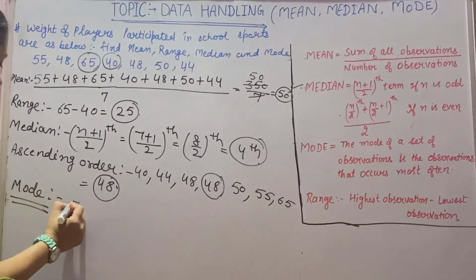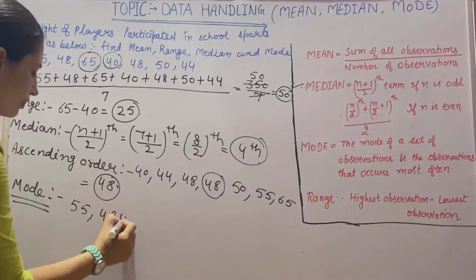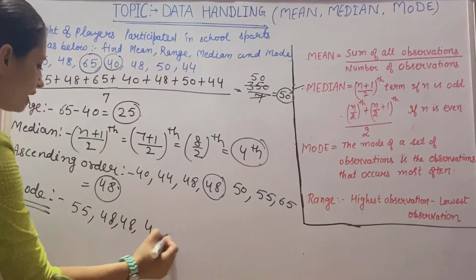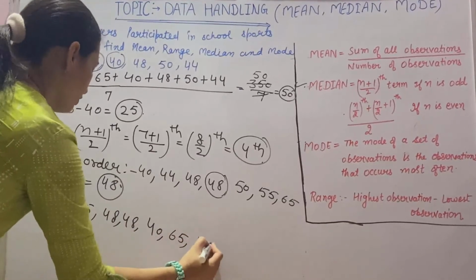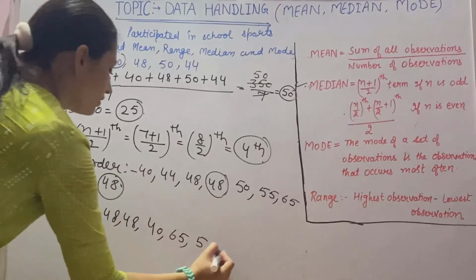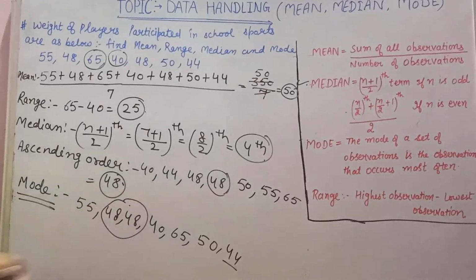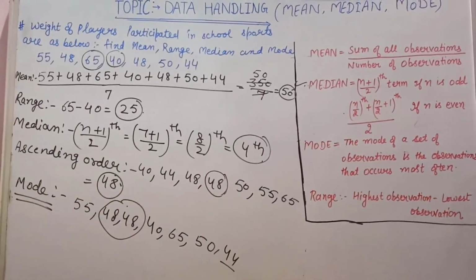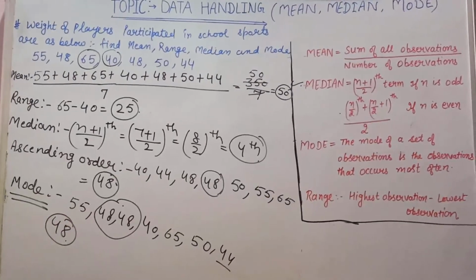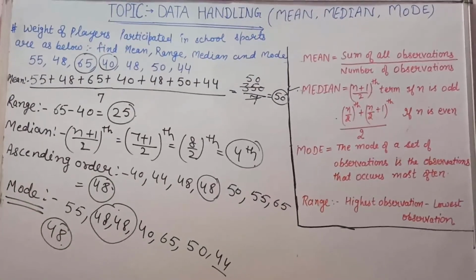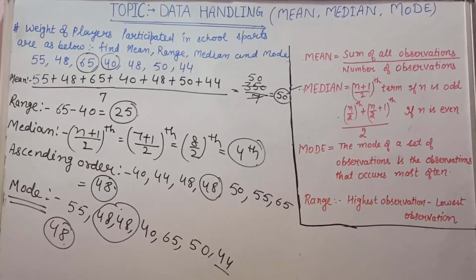That means 55, 48 we have 2 times, 40, 65, 50 and 44. Here we have 48 two times. That means 48 is the mode because 48 occurs more frequently than the other observations.